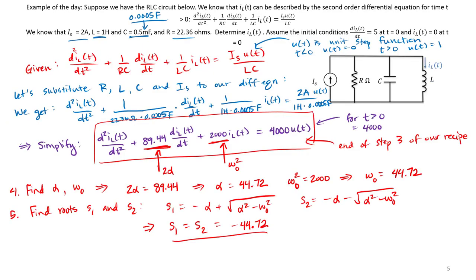So if we look back at our differential equation, notice that for time t greater than 0, our forcing function f of t is 4,000.